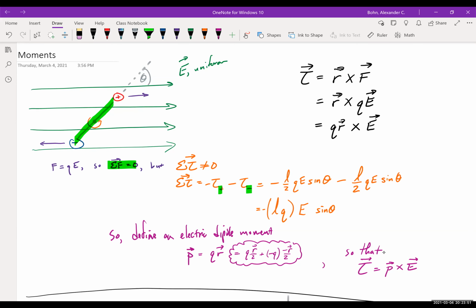The size of the lever arm is half the distance between them, which I have called L. The force is QE, and then we need the sine of the angle between them because it's a cross product. And there are 2 of those. So we end up with this expression.